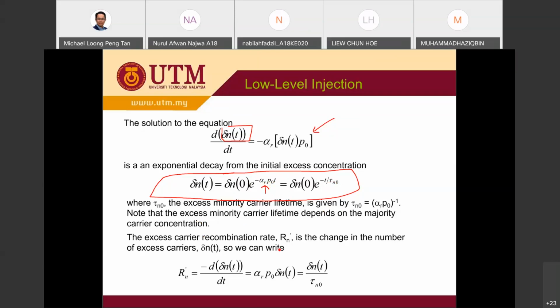Once they have solved it, they say that this equation that we're going to solve is actually called the excess carrier recombination rate. R prime is the change of number of excess carriers. So the most difficult one that we solved just now is basically this, and then you put it down here. It's actually the delta N over tau.